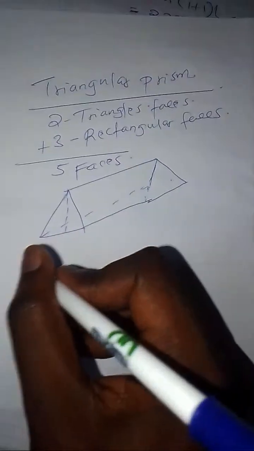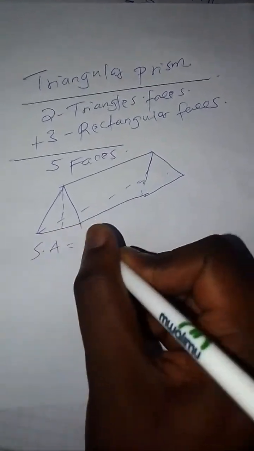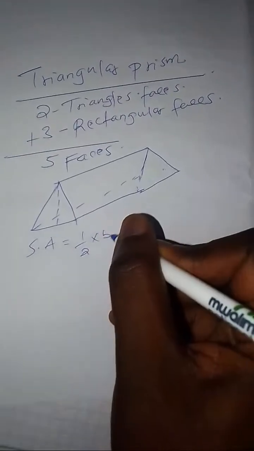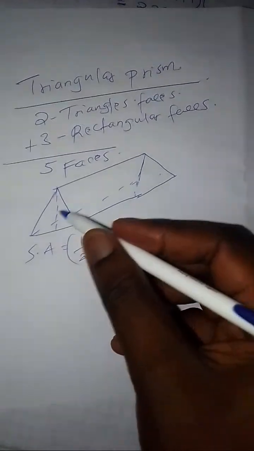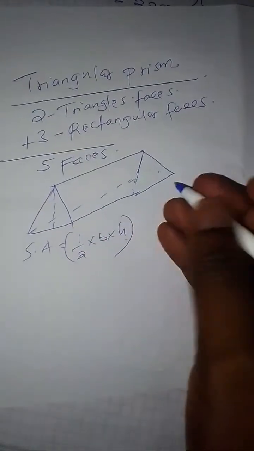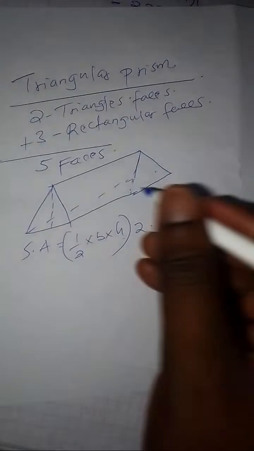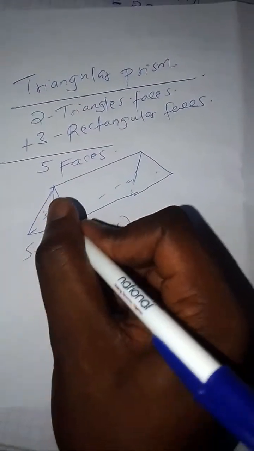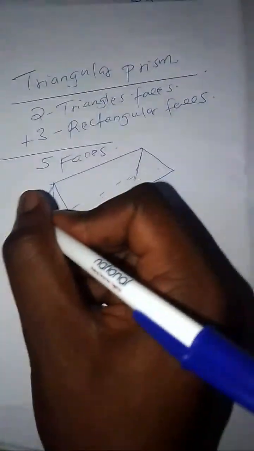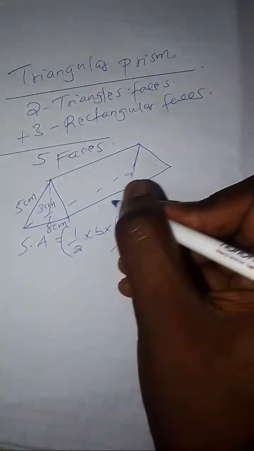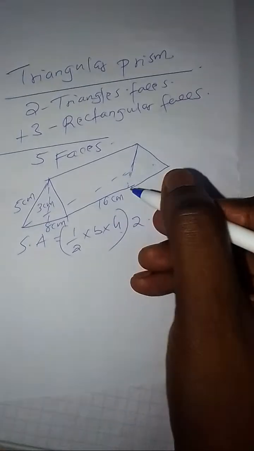So how we find the surface area is half times base times height. Why half times base times height? Because we have the two triangular faces, then we multiply by 2. So here can be 3 centimeters, here 8 centimeters, here 5 centimeters, and here 16 centimeters.